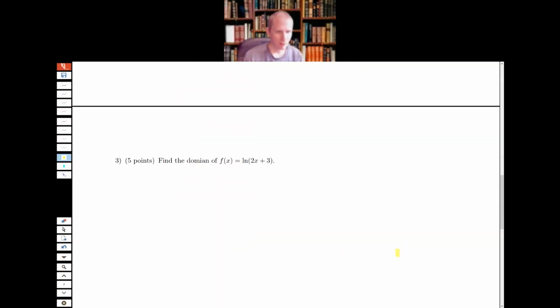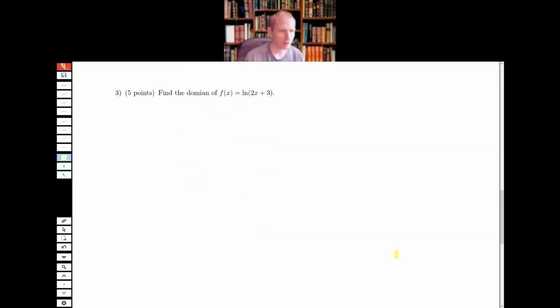Okay, problem 3. This one had a similar issue to problem 1, where we have to be careful about the domain, and we're not just throwing out a single number. Again, the inside of the log can't be 0 or negative, so I want to solve for where the inside, 2x plus 3, is strictly greater than 0. Right?